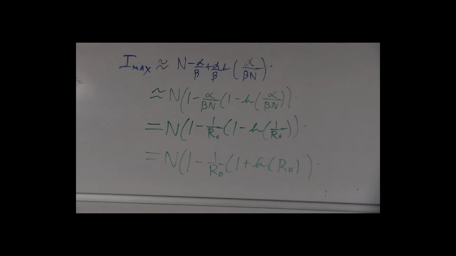You move the negative 1 inside, or the other way, 1 over R naught is R naught to the minus 1 and pulls it out. Either way, it's properties of logs.